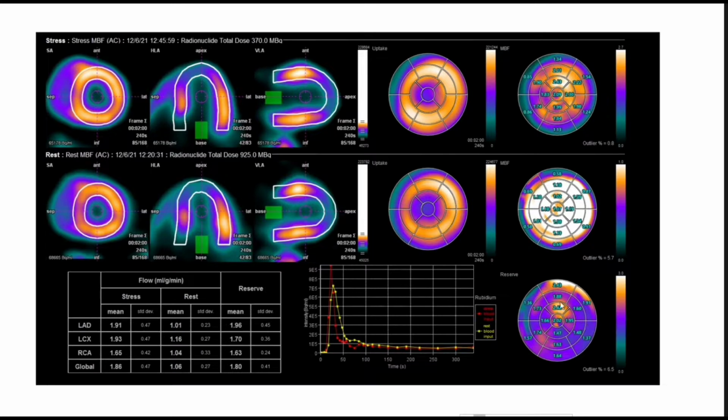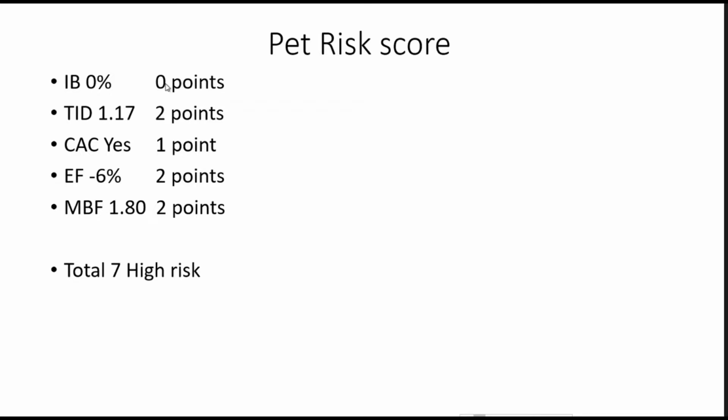And in fact, the apex increases in the anterior wall its blood supply with the MBF. So when we score this, she does score a high risk PET scan for something going on. However, again, it doesn't look like it's necessarily coronary disease because we're not seeing any true ischemia.